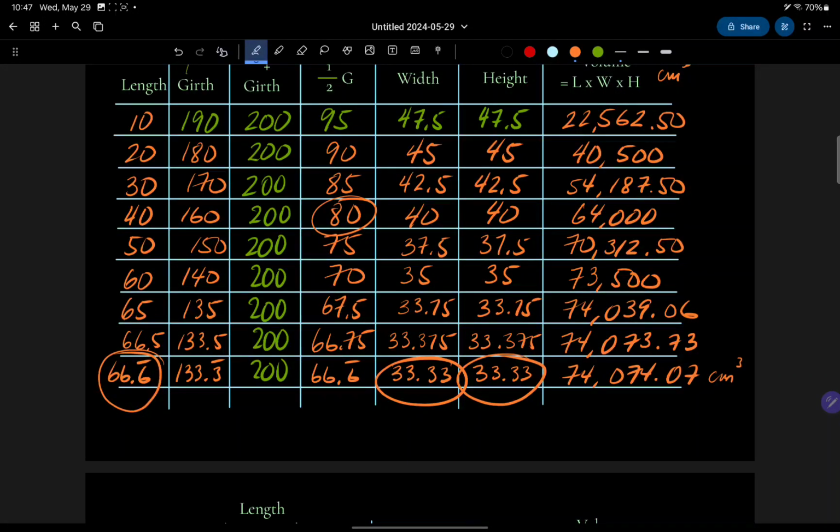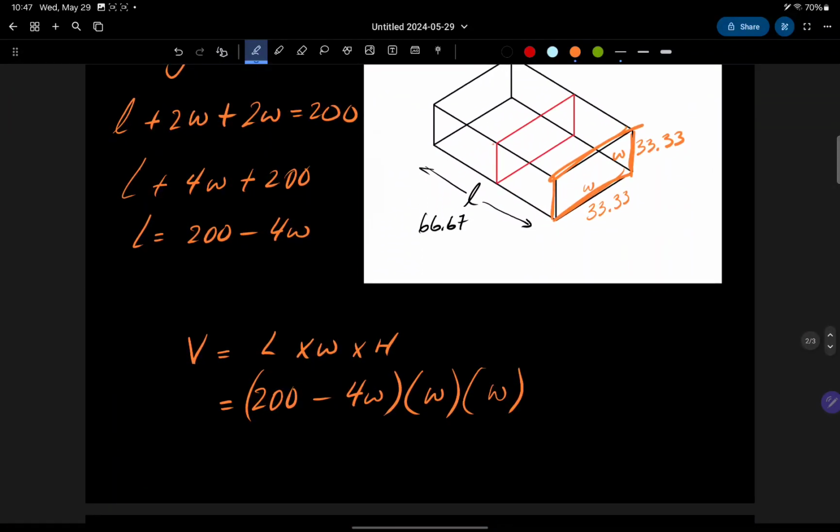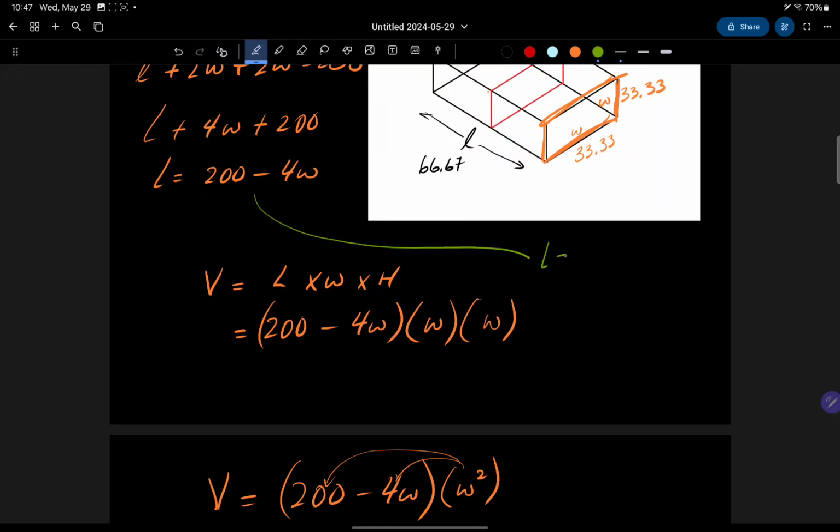And by the way, the way we can get 66.66 is because if you go here to this equation and we solve for L, length is equal to 200 minus 4 times 33.33. What's 4 times 33.33? That's 133.33, if I'm not mistaken.